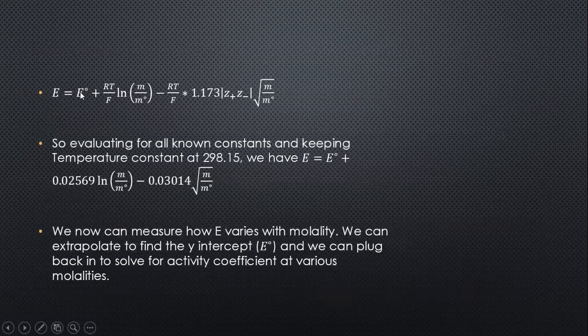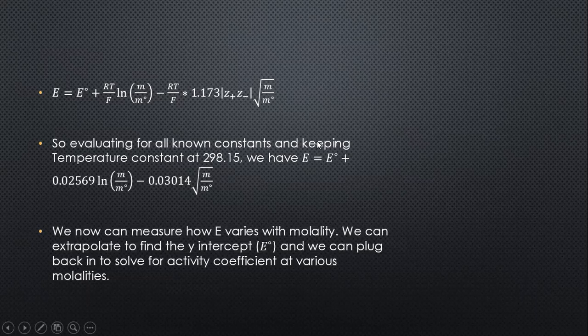Now, taking that into account and carrying that through, we have essentially that the cell potential is equal to the standard cell potential minus RT over F ln the molality, minus RT over F times a constant times the charge times the square root of molality.